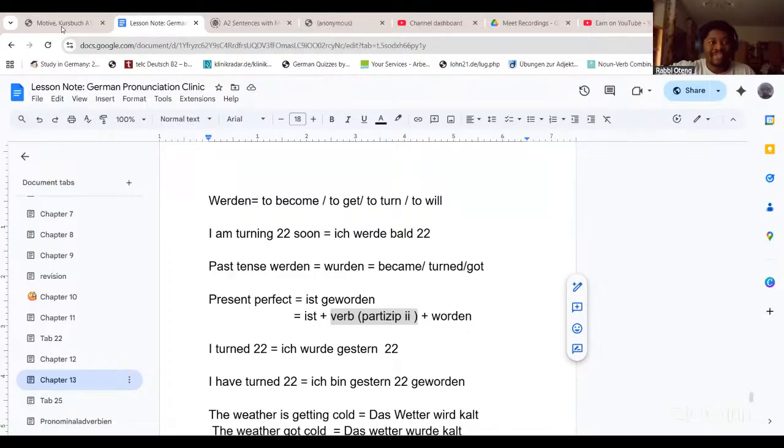You still use the modal verb, but the lamp: die Lampe kann ausgemacht werden. Same thing, ausgemacht, but this time with werden. The lamp can be turned off.